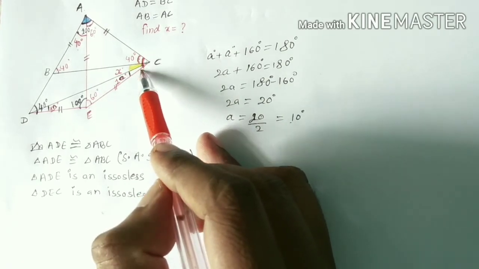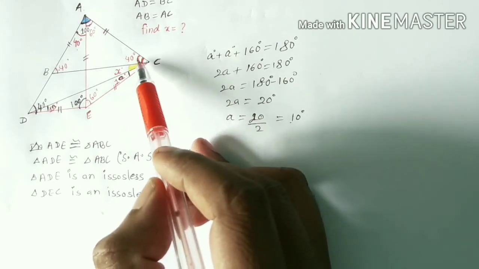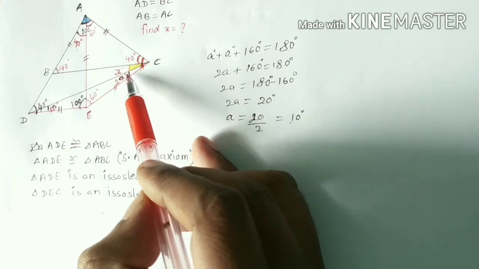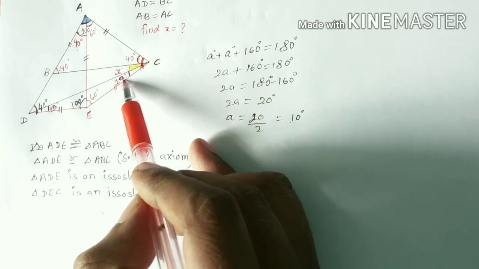So if we see these angles, one angle is 40 degrees, another angle is x degrees, and the next one is 10 degrees, because we have just now calculated these angles.